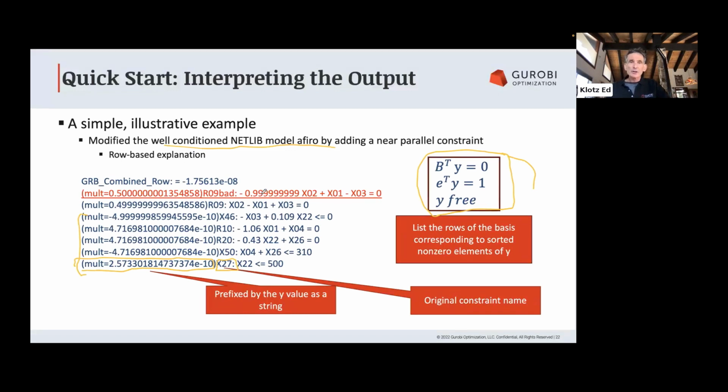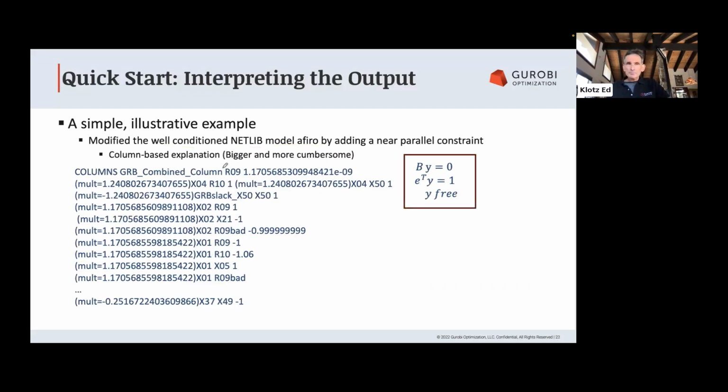We see here that the only difference between these rows is that they're opposites of each other, but one of them has a 1 coefficient for XO2, whereas the other differs from -1 for XO2 slightly. For a column-based explanation, you instead get an MPS file.